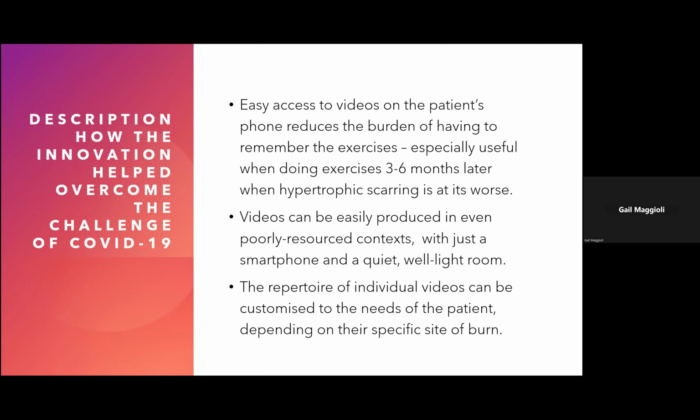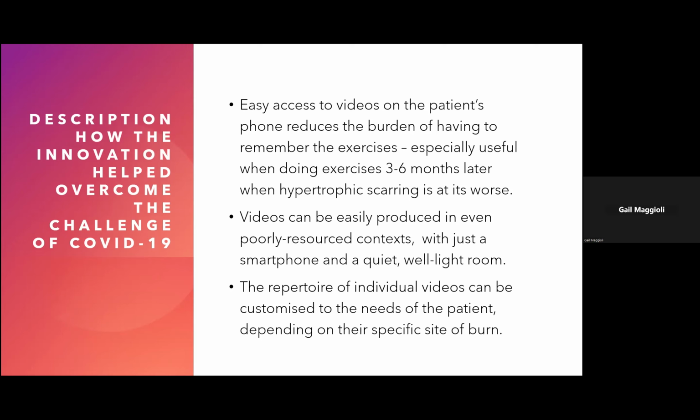Everything is going well, but we would encourage them to continue with all of the stretches and the exercises, because we knew, especially for the full thickness burns, that 3 or 6 months later, the hypertrophic scarring would start to occur, and that would then reduce their ROM. And often it's been a very long time since they've done them, so at least they have them on their phone and they could just carry on watching these videos and refresh their memory.